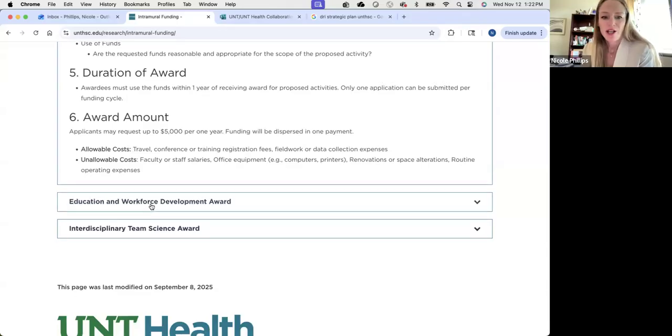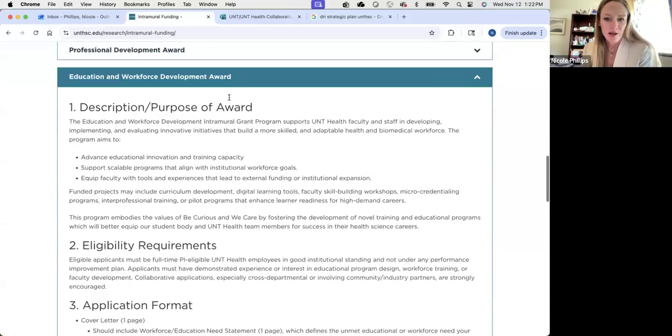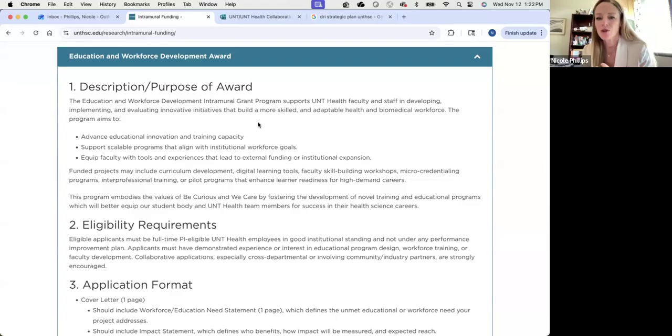So two more, Education and Workforce Development Award. So here we have a focus on building a more skilled and adaptable health and biomedical workforce. So these typically are aiming to advance educational initiatives, scale different programs to help align with different workforce needs and goals, and to give faculty tools and experiences to help get external funding for institutional expansion.